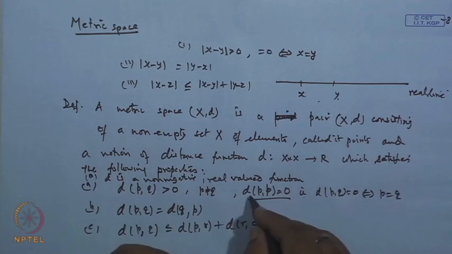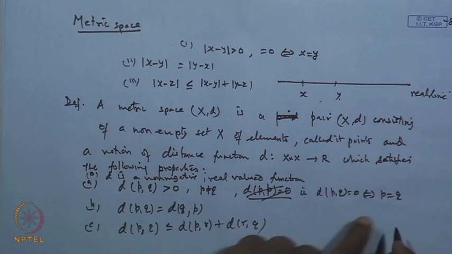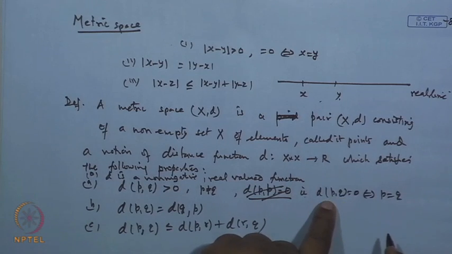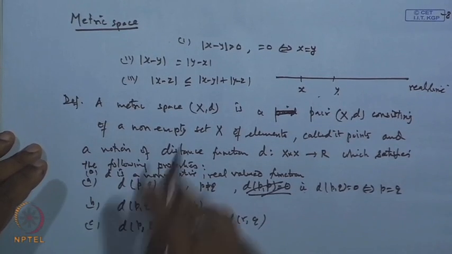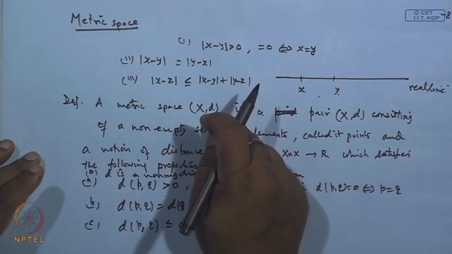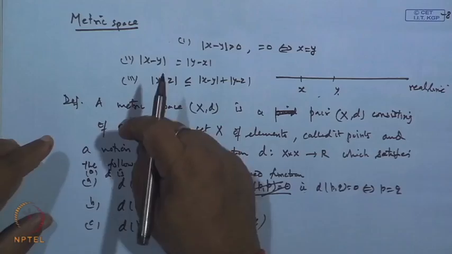We can replace it. So when p and q are identical, the distance is 0, and vice versa. If these properties are satisfied, then we say this set X together with the notion of distance forms a metric space.